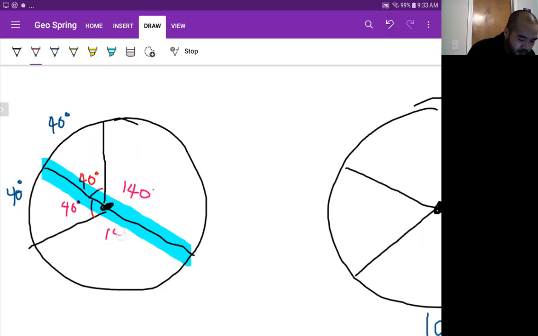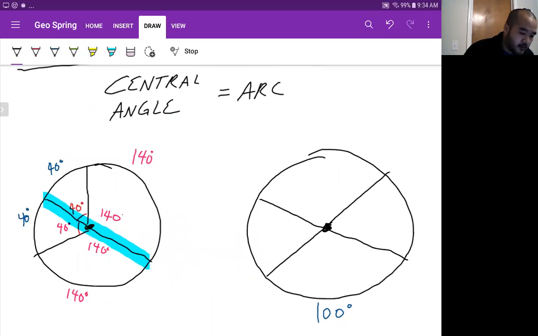That means this is also 140, which means this is 140, and this is 140. And these should add up to 360. A circle is 360 degrees. That's important.